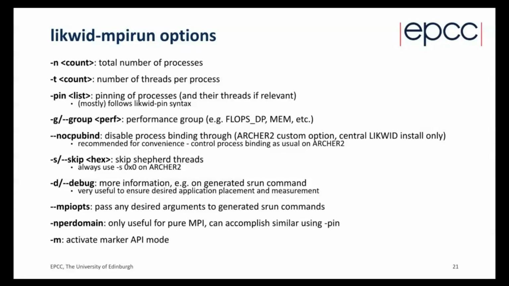However, unless we introduce this option, you're likely to run into conflicts where likwid-mpirun tries to control process binding to CPUs through the srun --cpu-bind option, which tends to conflict with the way that we usually control process binding with srun. Therefore, this --no-cpu-bind option is something that we have put in place in the central LIKWID install in likwid-mpirun that disables likwid-mpirun trying to control process binding and just leaves it up to srun as usual.